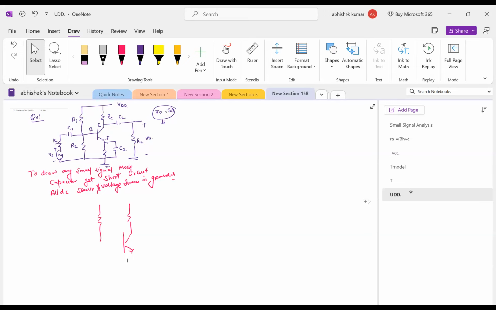Sensor. Yeah, I got it. Can you see it? Yeah, I can see it.